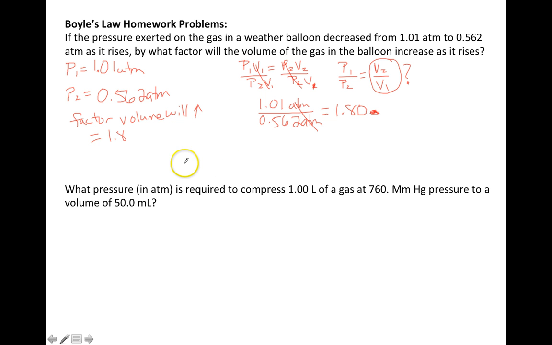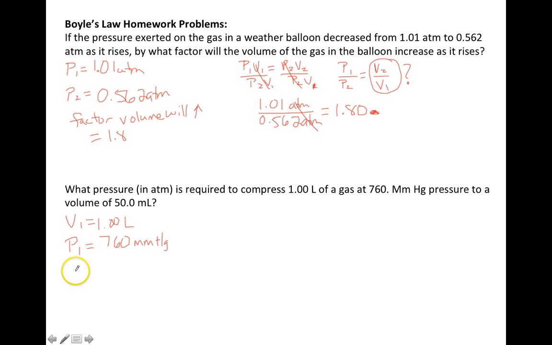Okay, the second problem is a little more classic in what we see. What pressure in atmospheres is required to compress a volume of 1.00 liters of a gas that is at a pressure of 760 millimeters of mercury? That's going to be P1 and V1.